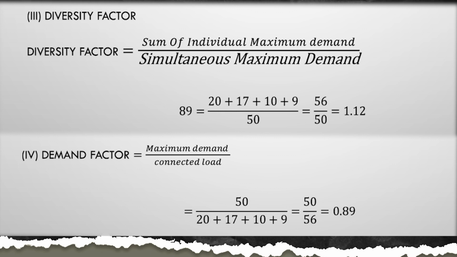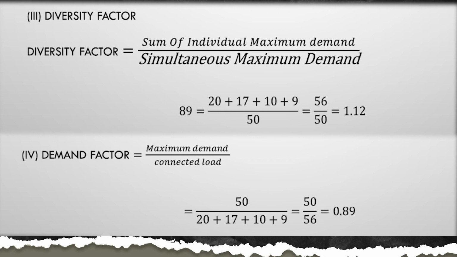Now simplifying this equation, we get 20 plus 17 plus 10 plus 9, that is 56, by 50. The diversity factor equals 1.12. This factor has no units because megawatts get cancelled.